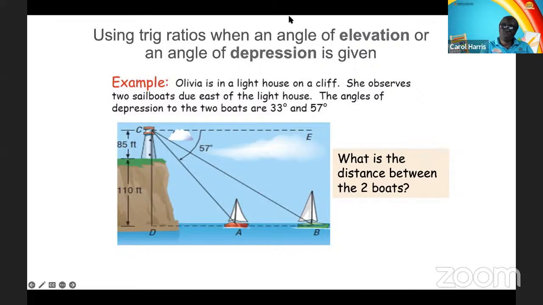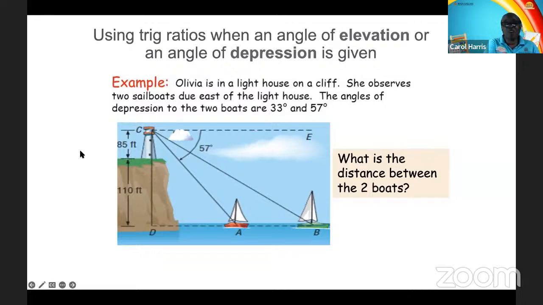Awesome. Thank you for saying that, Abriana. Is everybody seeing Abriana's line of thought? She's saying that the closer the thing is to me, the more I have to lower my head. In other words, the greater will be my angle of depression.